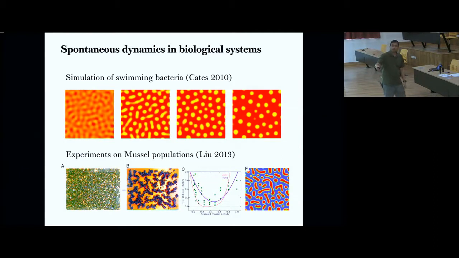The key ingredient here is, of course, the fact that there is a motility of the bacteria which depends on the local density, and that gives rise to these domains. And there were these rather cute experiments on mussel populations where they also go from a homogeneous state to this sort of phase-separated state, and they also display a speed which depends on local density, and a similar mechanism has been invoked in their aggregation.